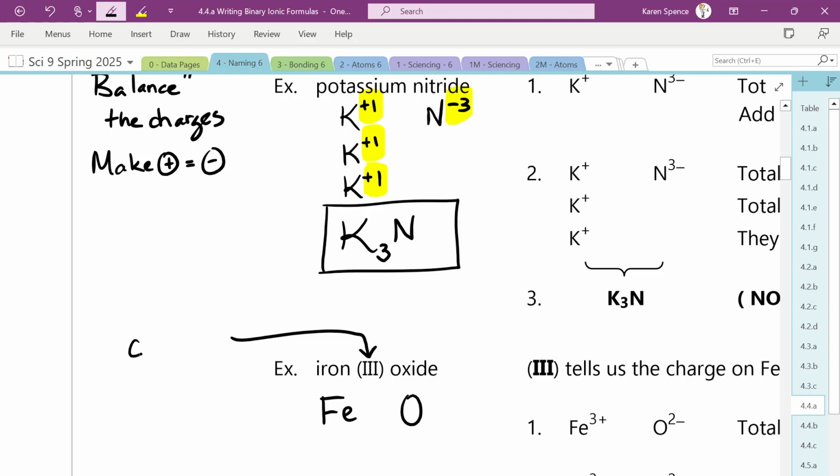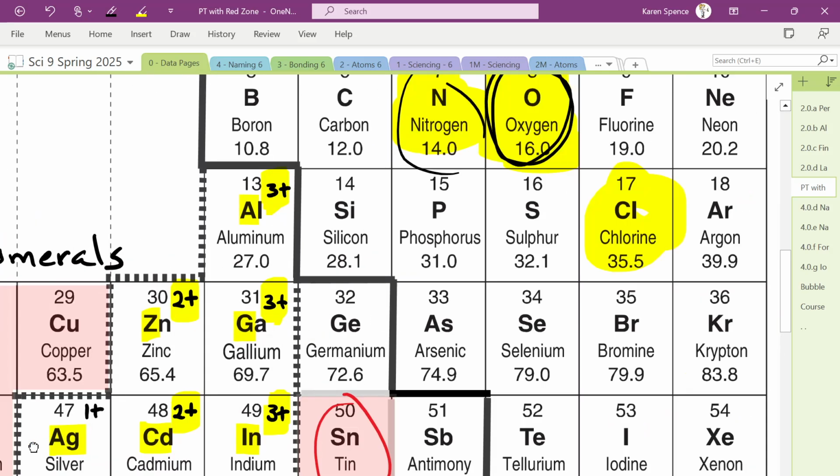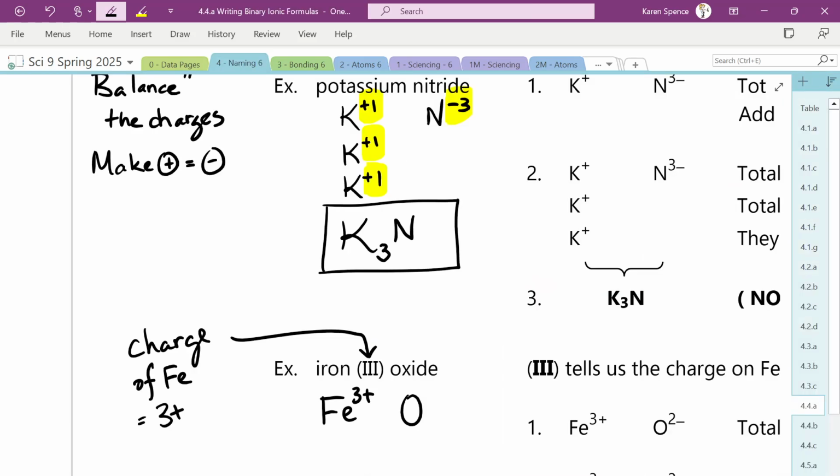That tells us the charge of Fe. So that is a 3. So we're going to write 3 plus. Oxide, we go to our periodic table. Oxygen is in group 16, so it is -2. 2 negative.